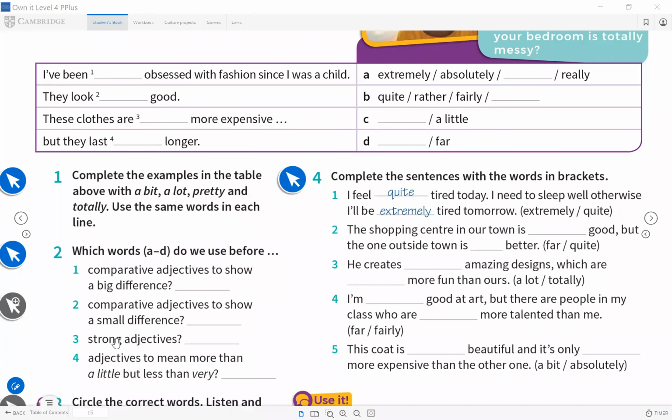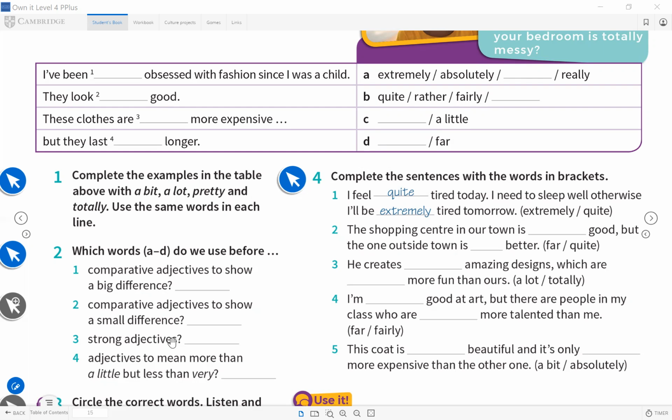And when it comes to the strong adjectives, we use some modifiers right before strong adjectives. Okay, so these modifiers are: extremely, absolutely, really, and totally.